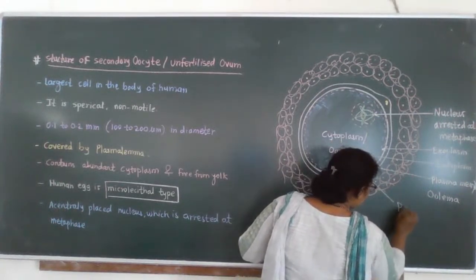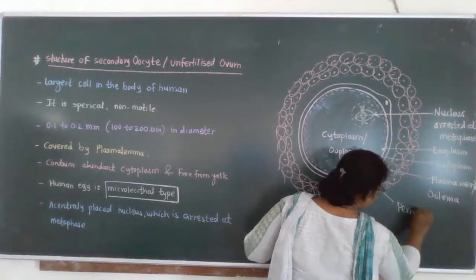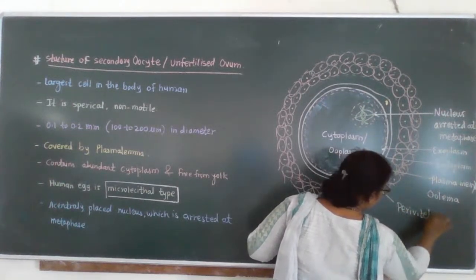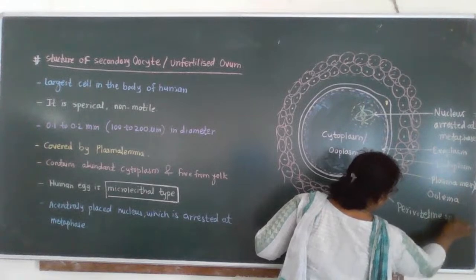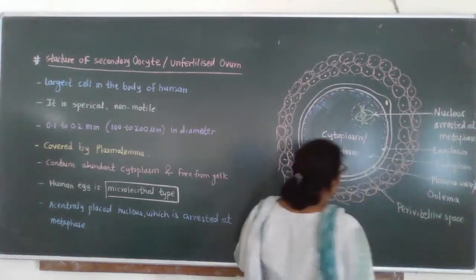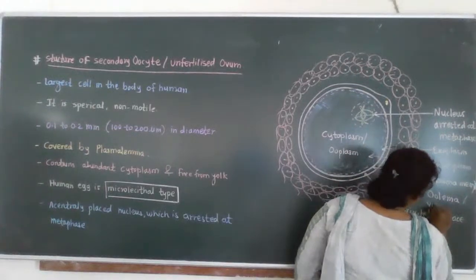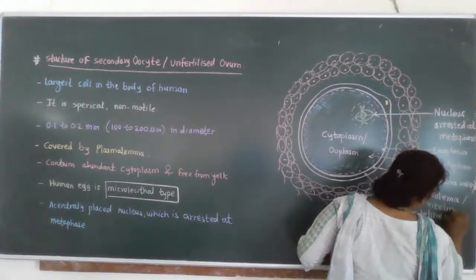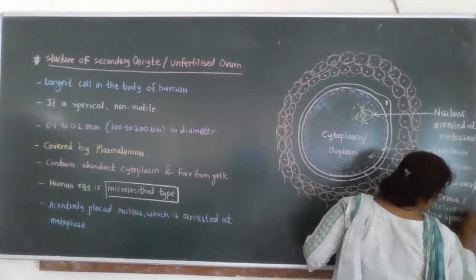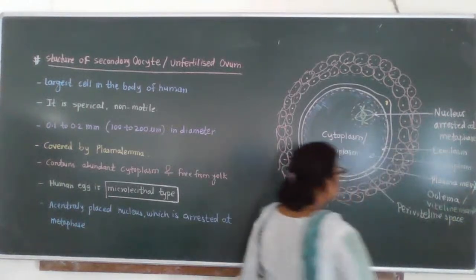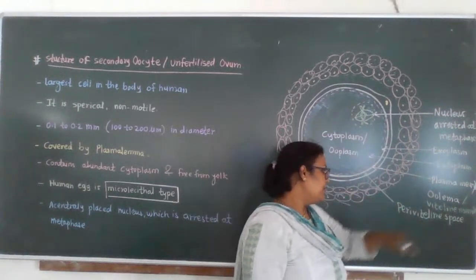Oolemma is also called the vitelline membrane. One other name of the plasma membrane is the vitelline membrane.